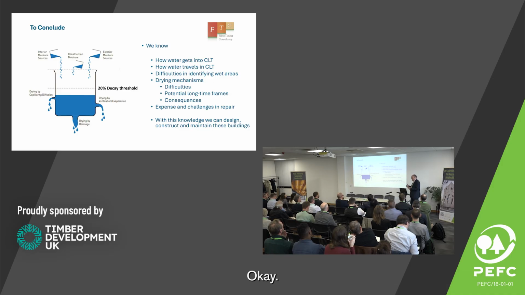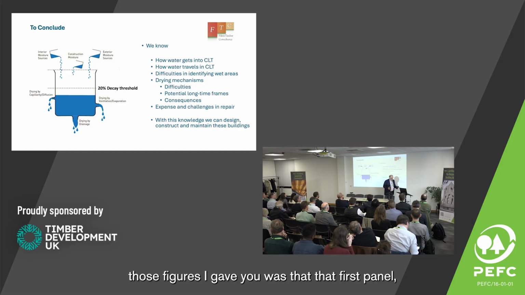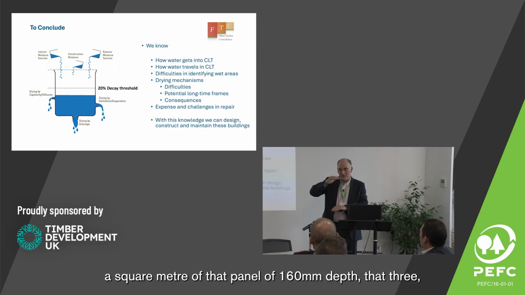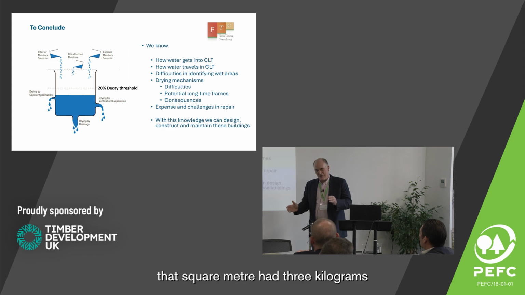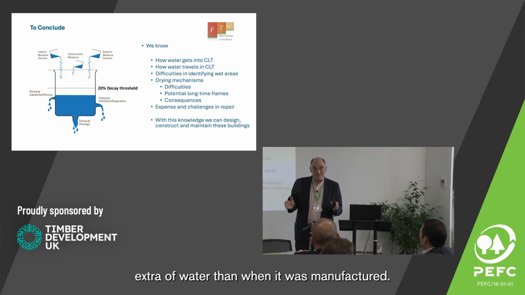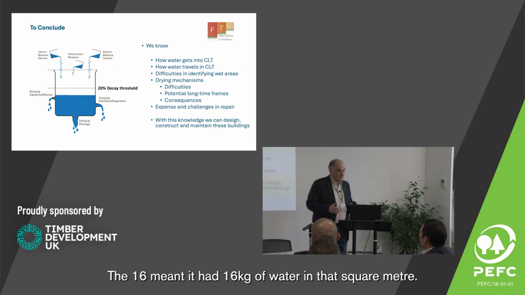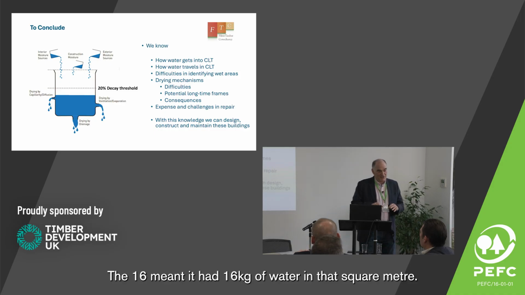Also, when you think about how long the water takes, those figures I gave you were for that first panel, a square metre of that panel of 160mm depth. The 3 meant that square metre had 3 kilograms extra of water than when it was manufactured. The 16 meant it had 16 kilograms of water in that square metre.